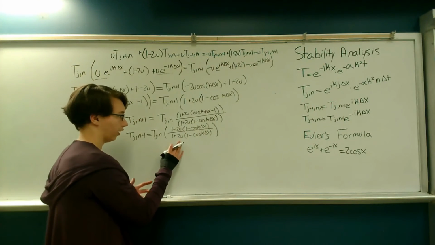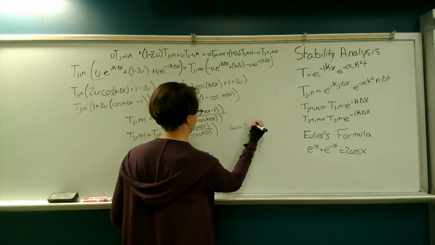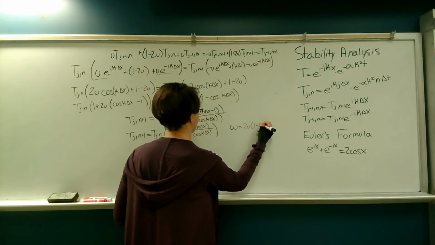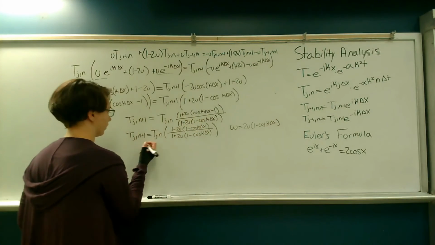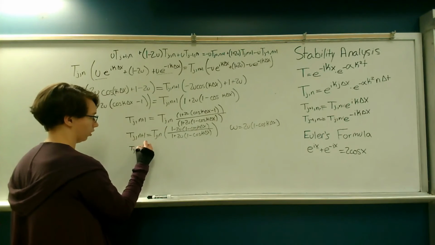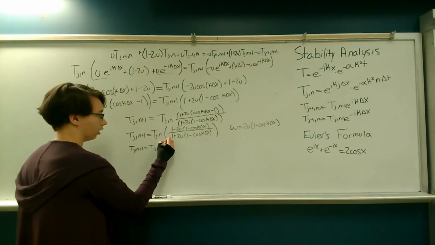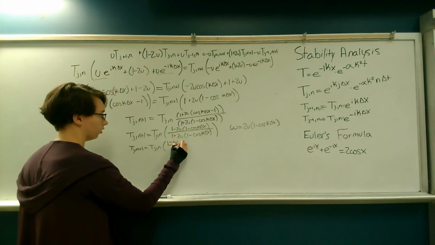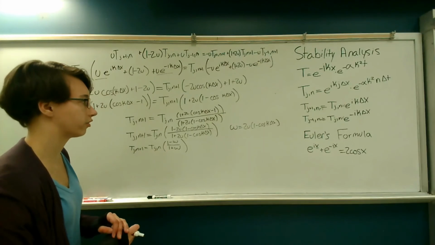So we could simplify that and say that W is equal to 2u times 1 minus cosine of k delta x. And we could simplify this as T at j at n plus 1 equals T at j at n of 1 minus W over 1 plus W. And that might make it a little bit easier for us to see what's going on.